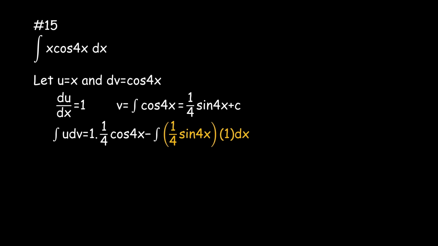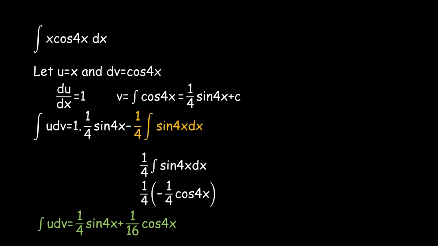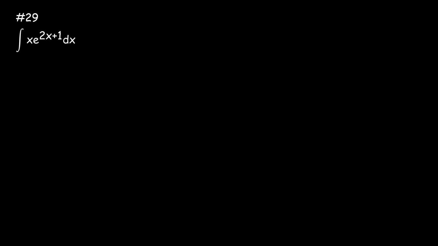We take out the constant, and if we integrate sine of 4x once again, we should get negative 1/4 cos 4x. Simplifying that, we would have 1/16 cos 4x, and then our final answer would be 1/4 sine 4x plus 1/16 cos of 4x.